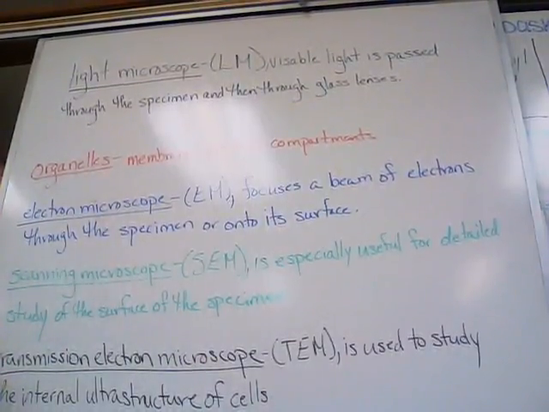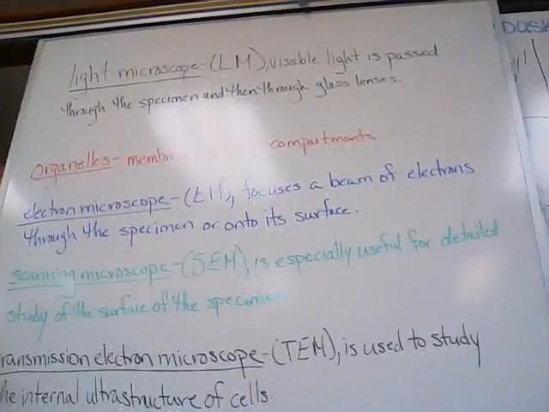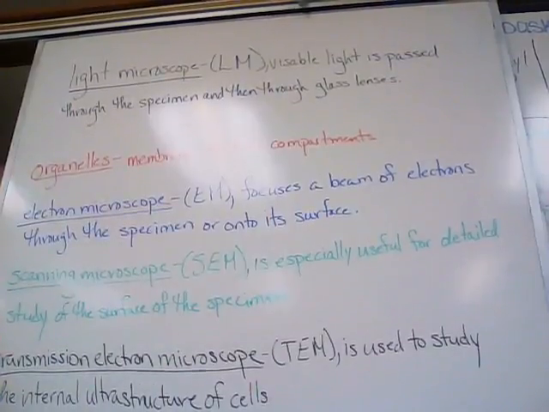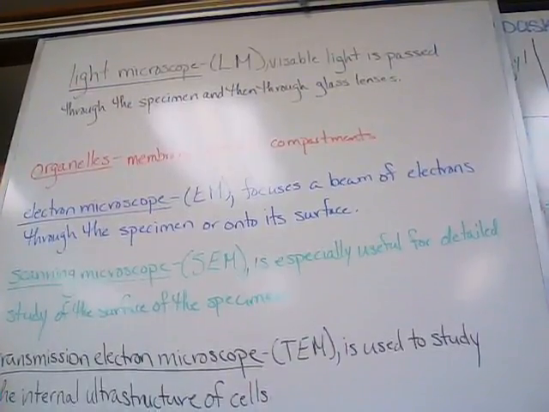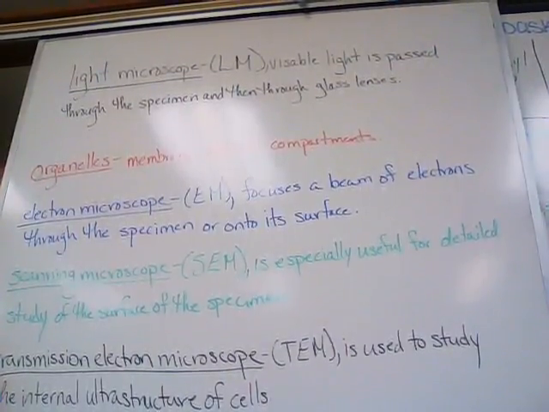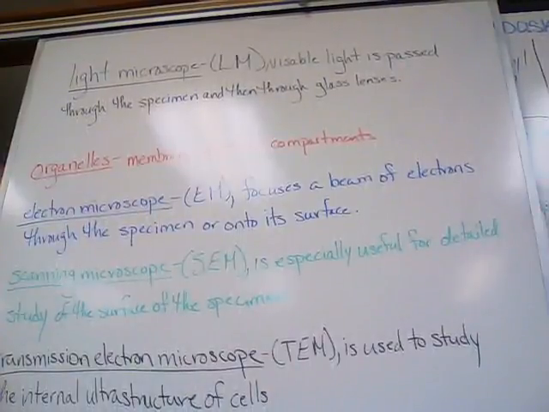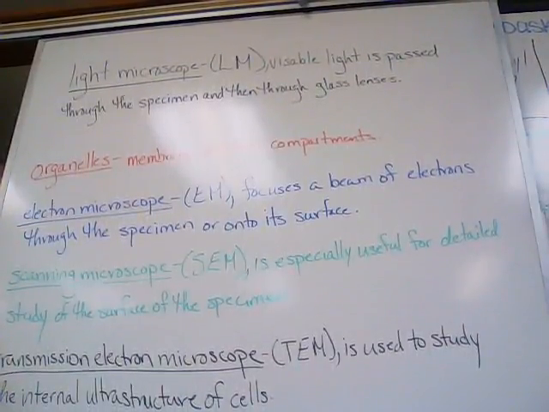Right? Then the last one here, the transmission electron microscope, is used to study the internal ultrastructure of cells. The TEM aims an electron beam through a very thin section of the specimen, similar to the way a light microscope transmits light through a slide.